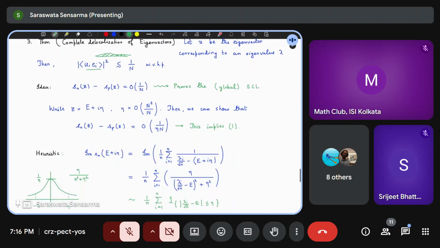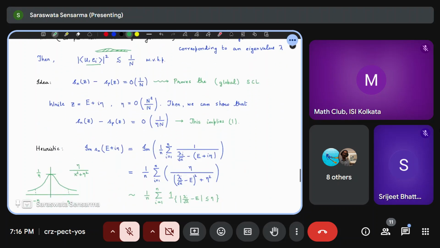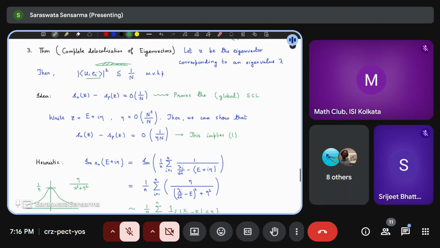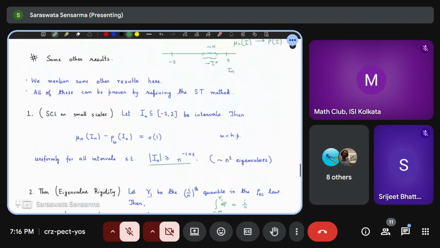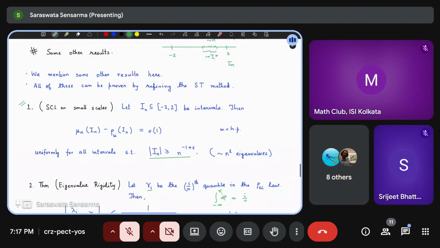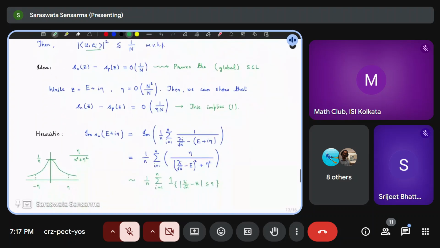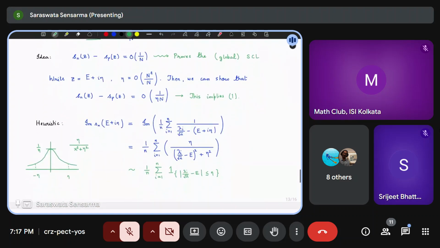Maybe I wanted to give a brief idea about how to prove these results, maybe just this particular result, semicircle on small scales. The idea is, what did we do to prove our global semicircle law?